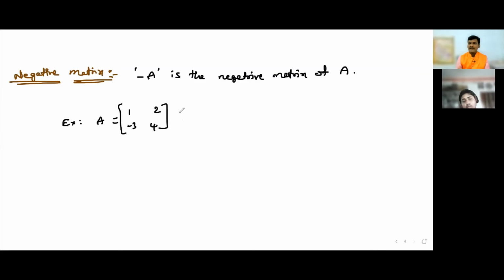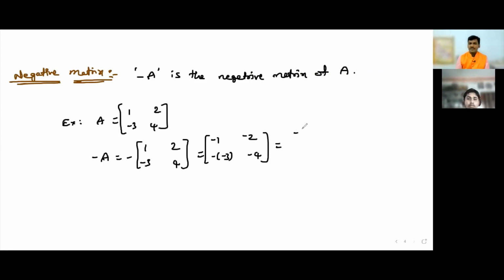Then what is the negative or additive inverse? Minus A is nothing but minus of the A matrix, that is 1, 2, minus 3, 4, multiplied by minus. So minus 1, minus 2, minus of minus 3 is plus 3, and minus 4.